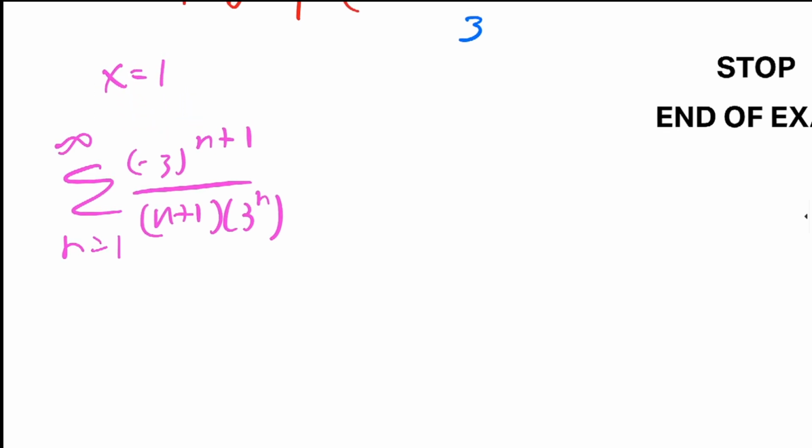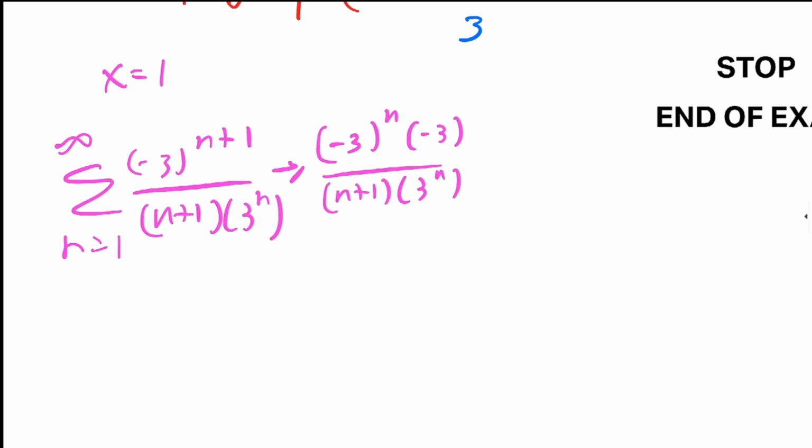Now we have to see, does this converge? And this is where we use our good old series tests, okay? For this problem in particular, I'm going to ignore the summation sign for a second. This is the same as negative 3 to the n times negative 3 over n plus 1 times 3 to the n.